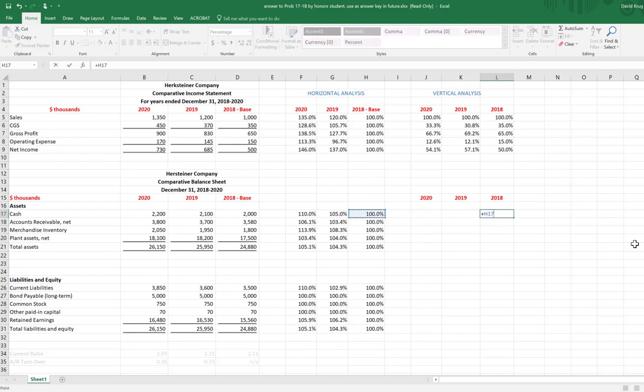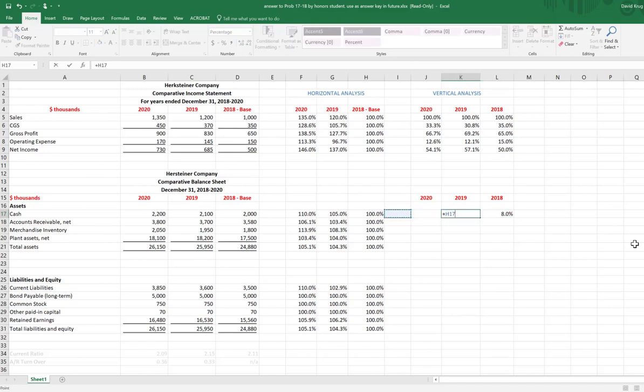I want to do this number divided by total assets. And I want that total assets to be an absolute value, so I'm going to push F4. Boom. Okay.